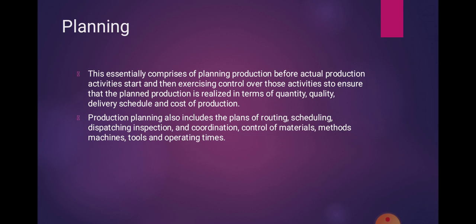So the steps which are considered in PPC are: first, forecasting the demand of the customer, then in advance preparing the production budget. Third one is designing the facility layout. Fourth one is specifying the types of machine and equipment.